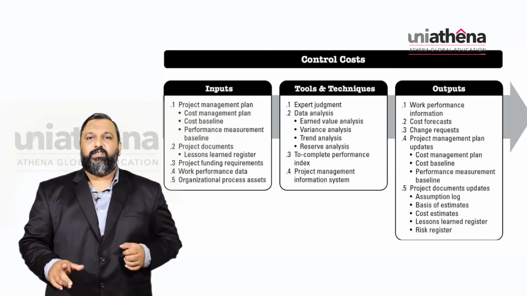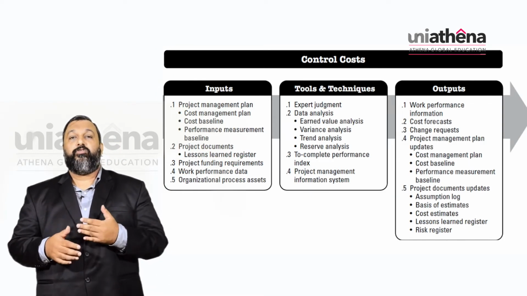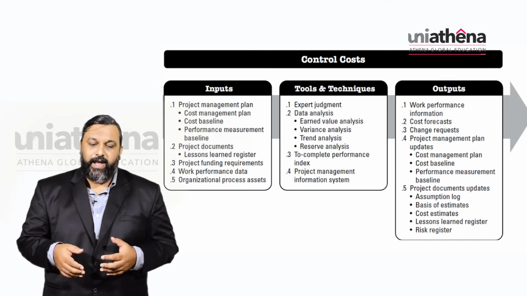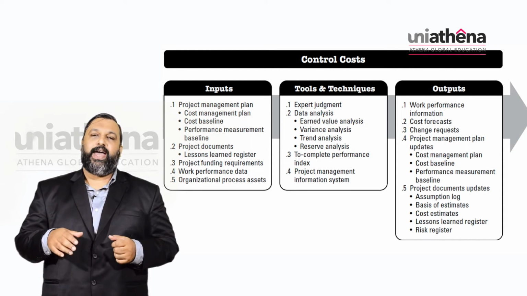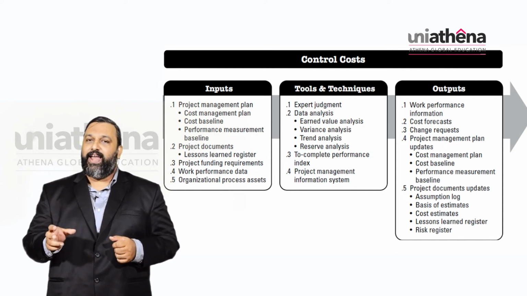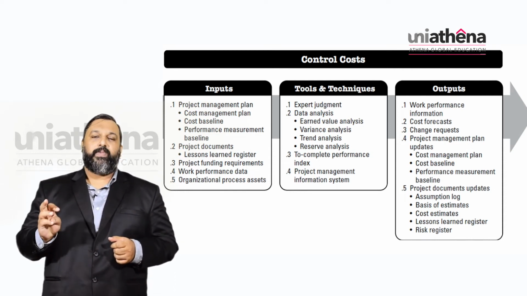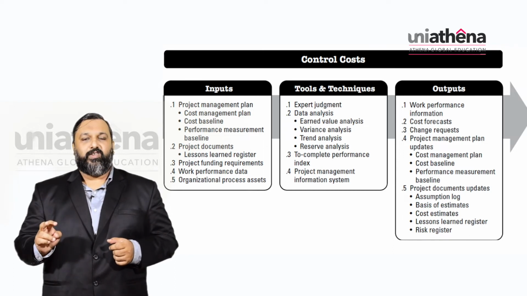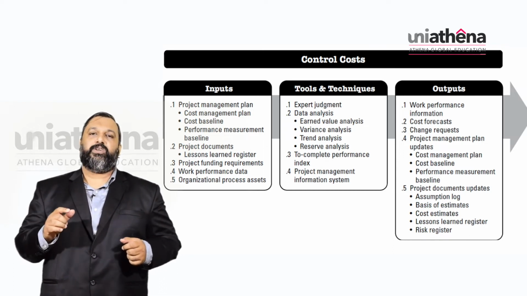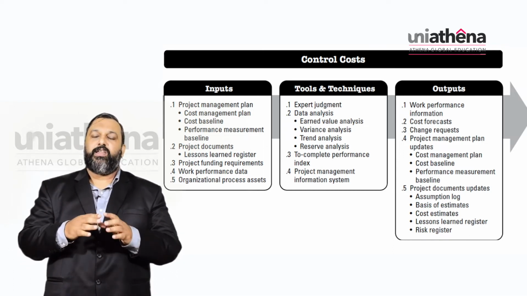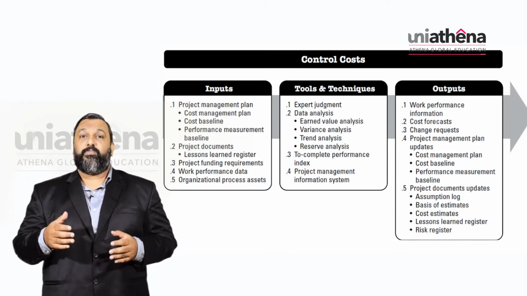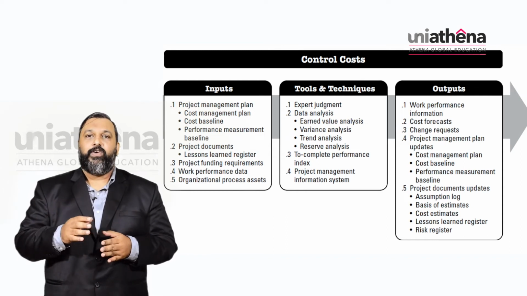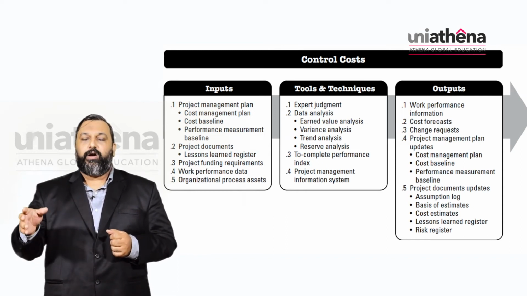Okay. Now, let us go to how you control cost. Again, for the cost control process, the inputs will be the project management plan. In the project management plan, specifically the cost management plan, the cost baseline, and the performance measurement baseline. So these are the three most important parts of the project management plan, which serve as inputs for controlling cost.